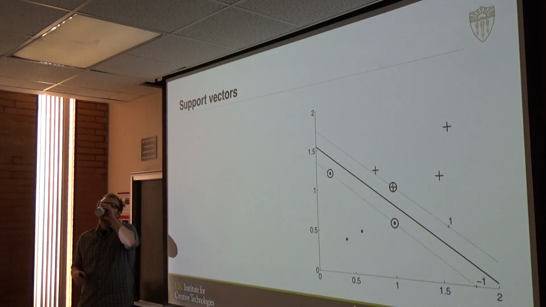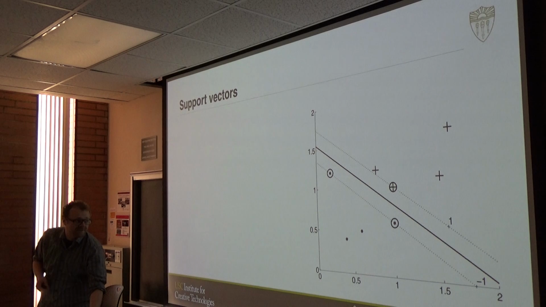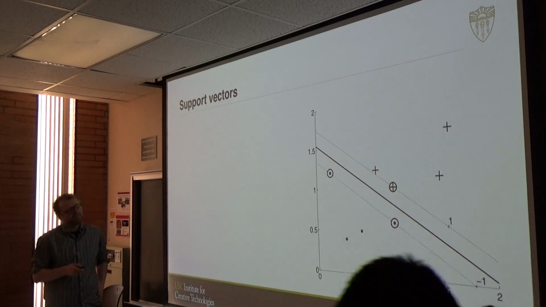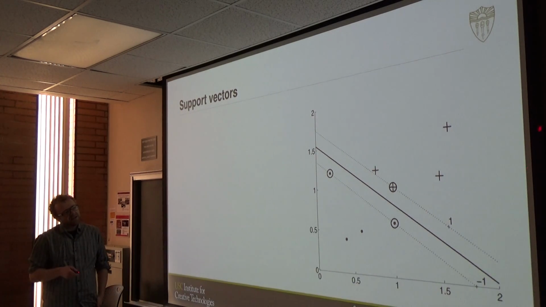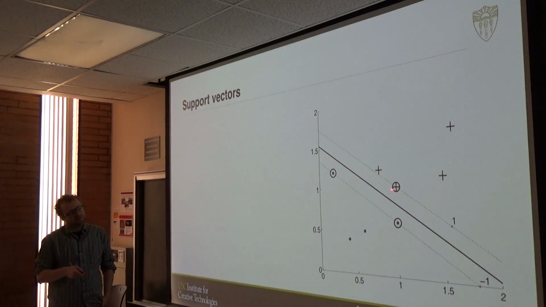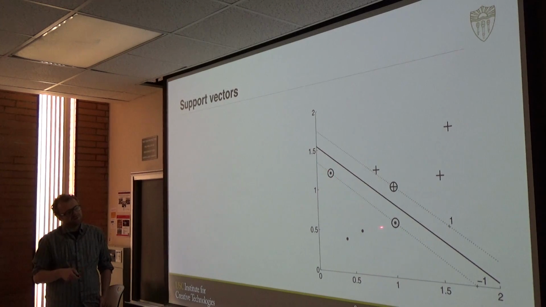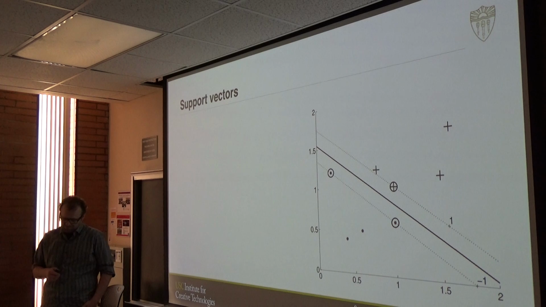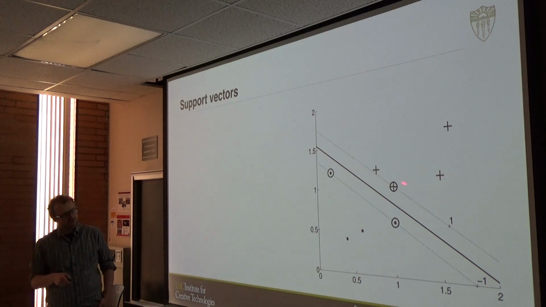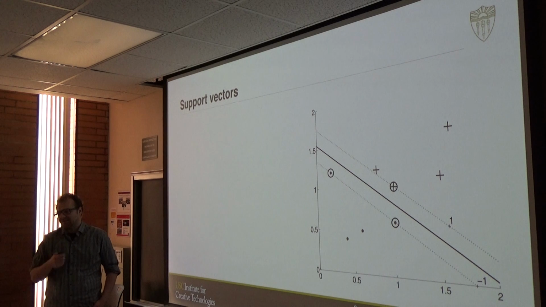So, do you think with, let's say, these three support vectors, which are here circled, so we have one in the plus category and two in the dot category, do you think we're going to make a lot of mistakes based off of these?